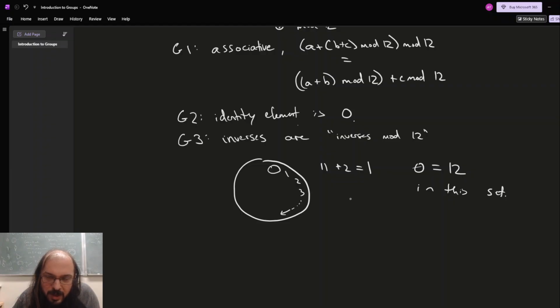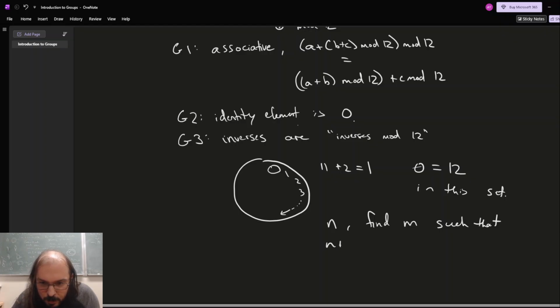So when I want to find the additive inverse, I want to do the negative of something, I should use 12 instead of 0 in the sense that if I want to find what number makes 0, okay, maybe we should write this out. If I want to find, given n, find m such that n plus m equals m plus n equals 0 in this set.